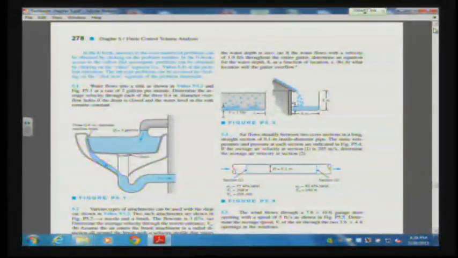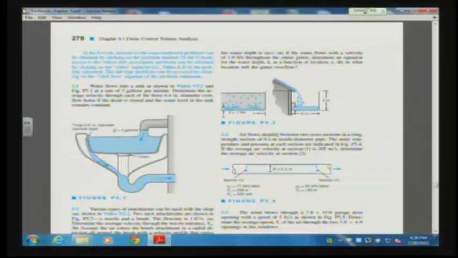All right, so the homework for this chapter begins on page 278. And problem 5.1 is actually a problem with water flowing into a sink.